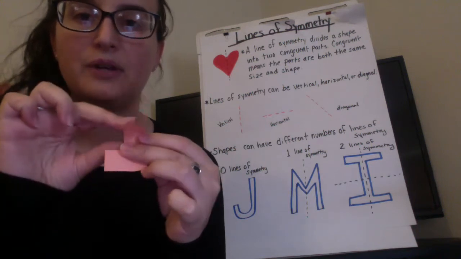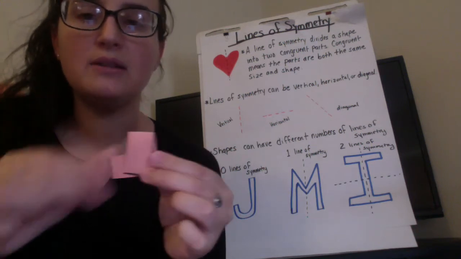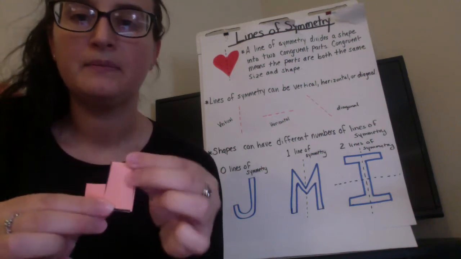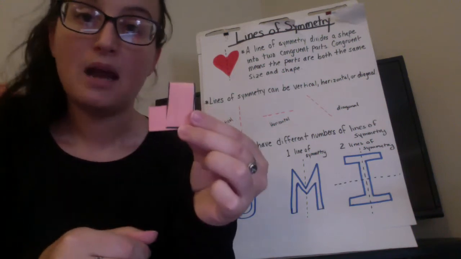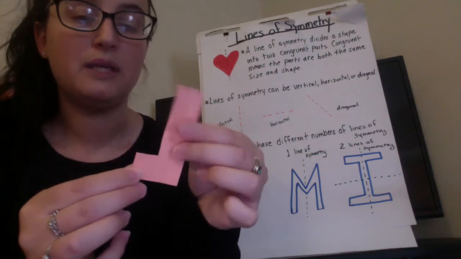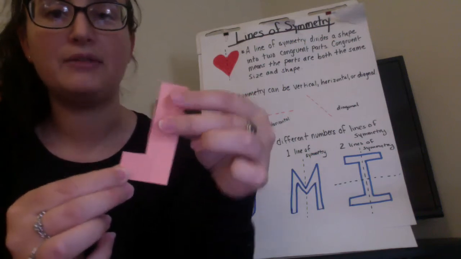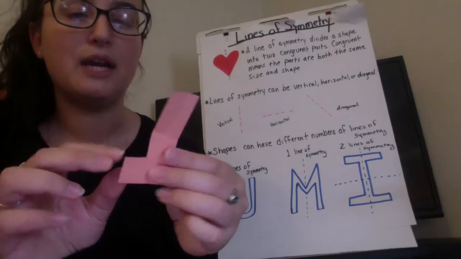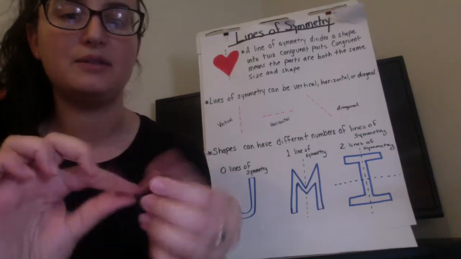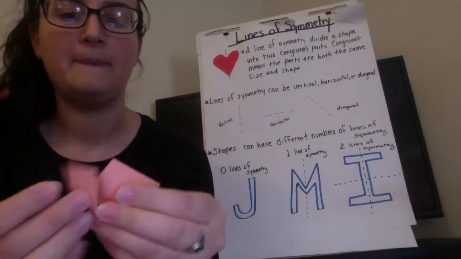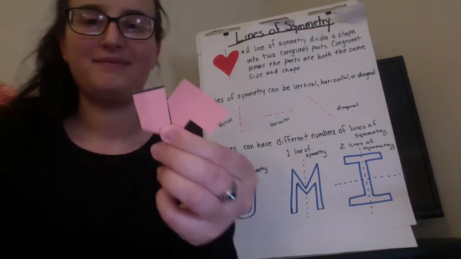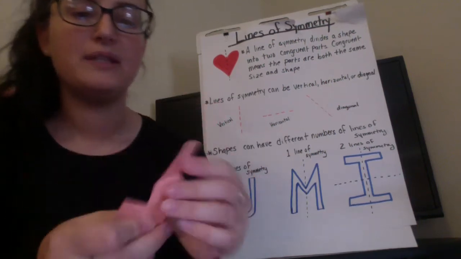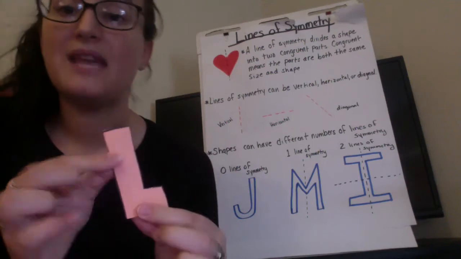If I fold it over on its horizontal line, again, not symmetrical because it's different. This half is different than this half, right? And if I tried diagonal, that wouldn't even work at all. Totally different. They don't match up. So this is another example of something that doesn't have any lines of symmetry.